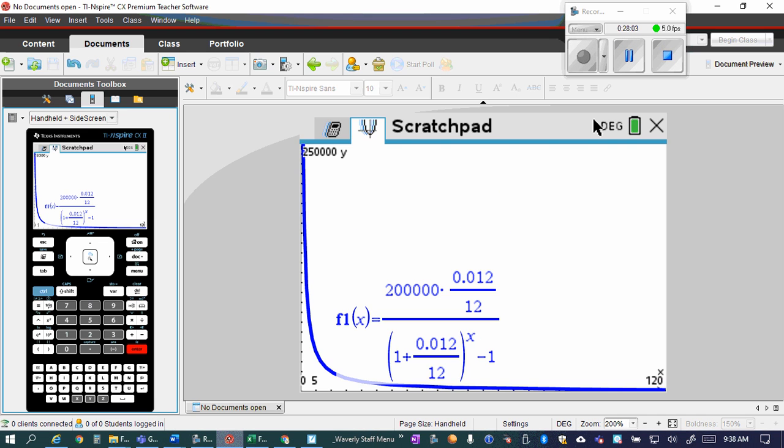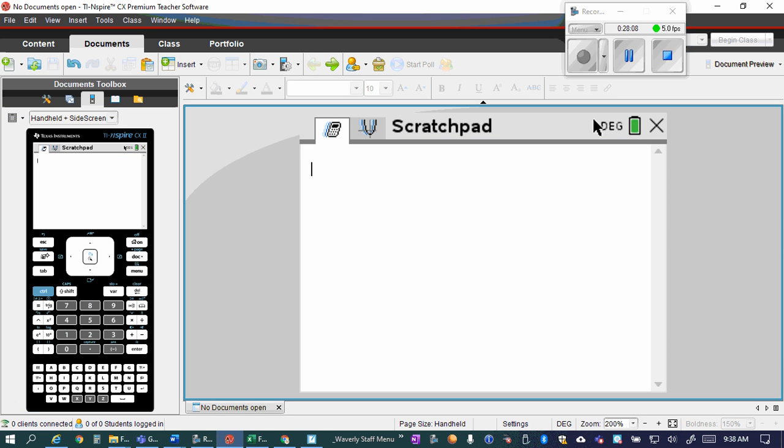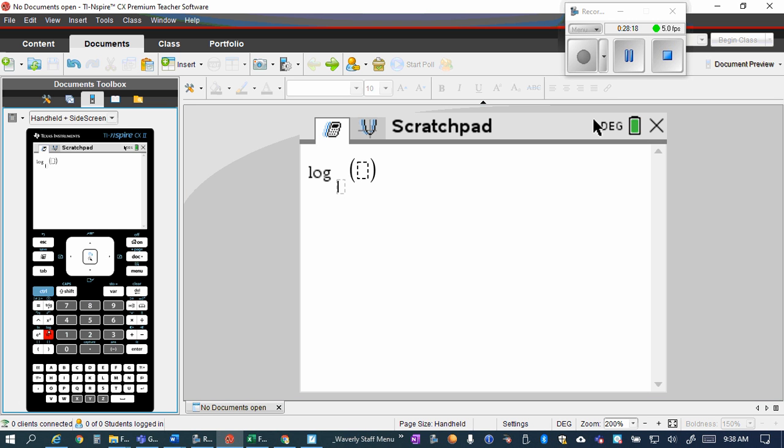This on the calculator should look like this. Let's go to that thing there. Where's log? Control log. And that goes right. So 1.003 of 2. This whole thing divided by what are we dividing by? 4, right?